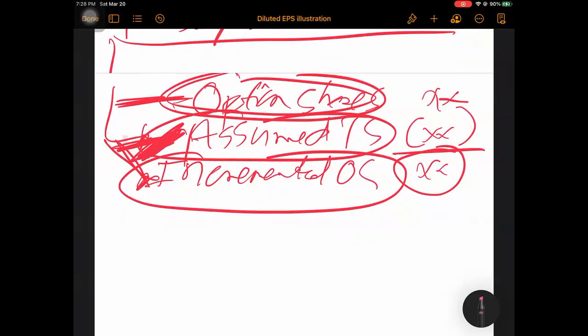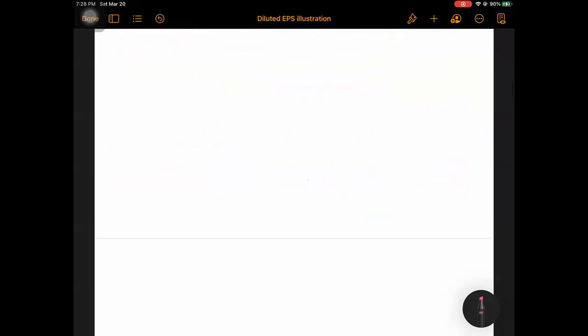Last, the number of incremental ordinary shares is equal to the option shares minus the assumed treasury shares acquired. That is the formula to compute the incremental ordinary shares. Medyo kwan sa subton, but let's proceed with the illustration para mas masabtan siya.